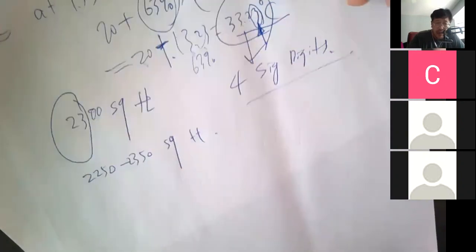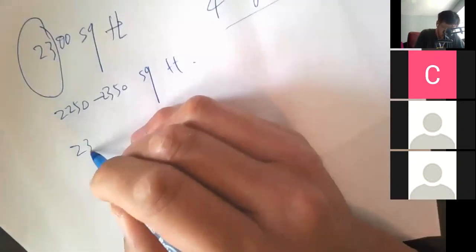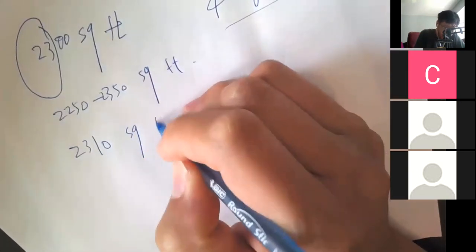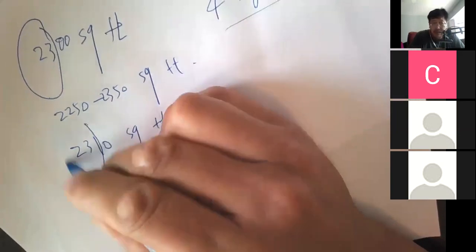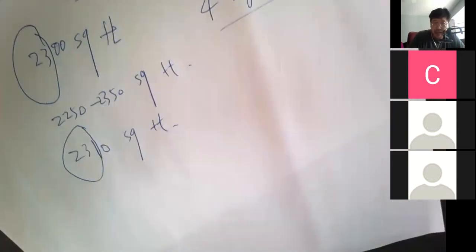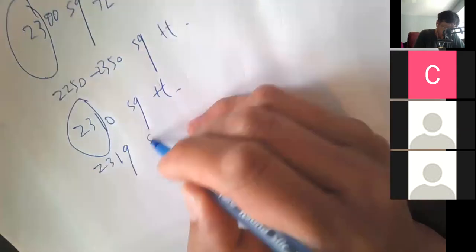If the realtor tells you your house is 2310 square feet, that implies they measured it more accurately. So what happens if it's 2310.9 square feet?